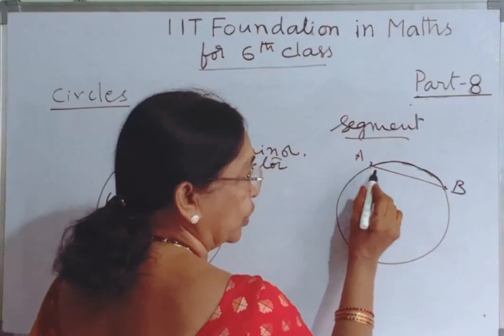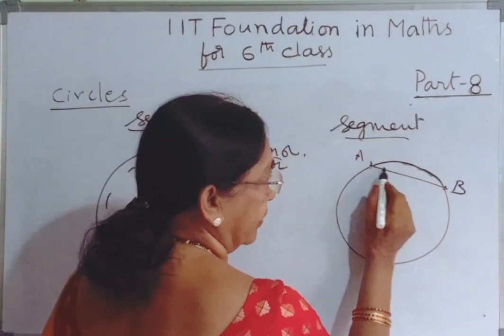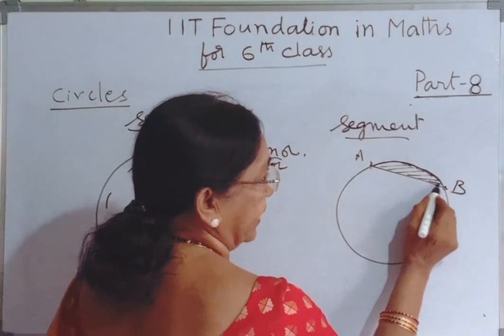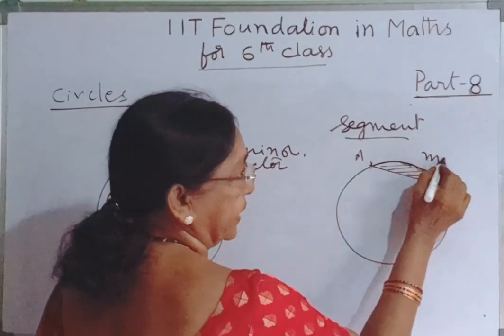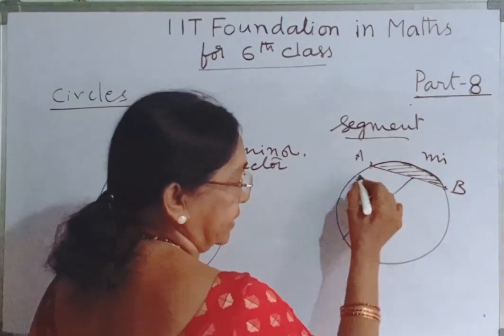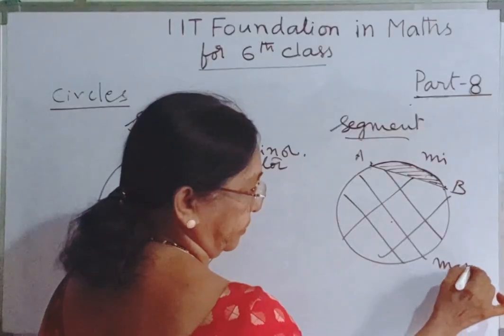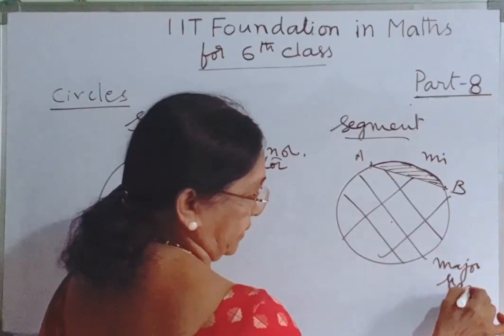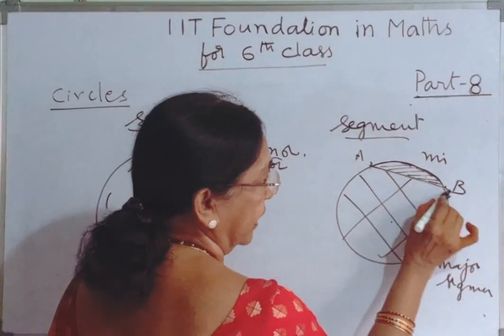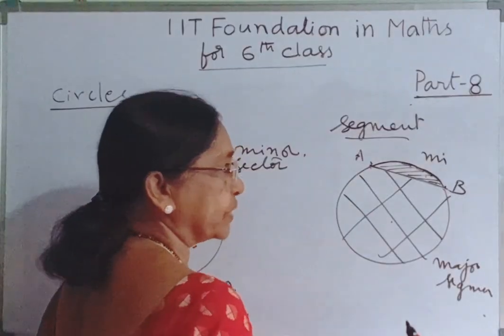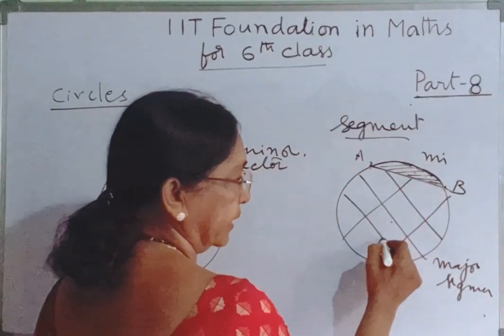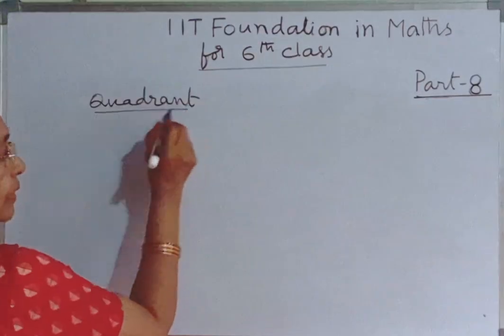The area enclosed by the arc and the chord is called a segment. This is a minor segment and this is a major segment. So a chord divides the circle into two segments, minor segment and the major segment.